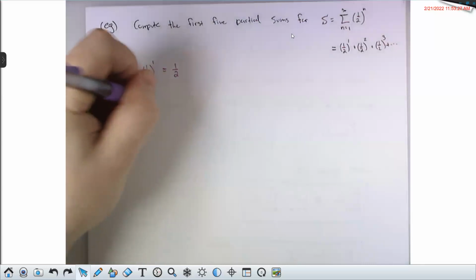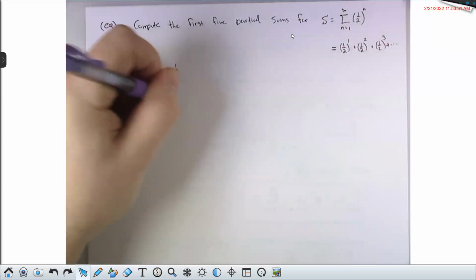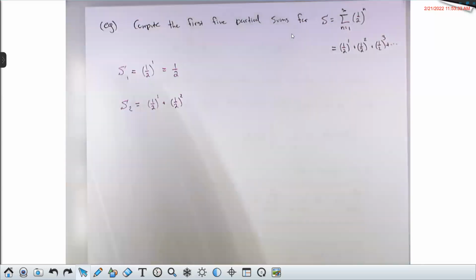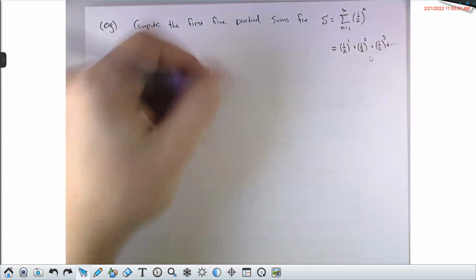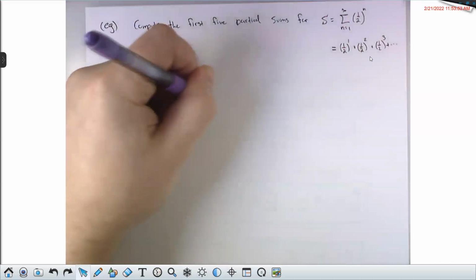It's 1/2 to the 1 plus 1/2 to the 2. It is the series stopping at the second term, or the n equals 2 term. So it's the first 2 parts of the series, or the partial sum associated with n equals 2. And that is 1/2 plus 1/4.